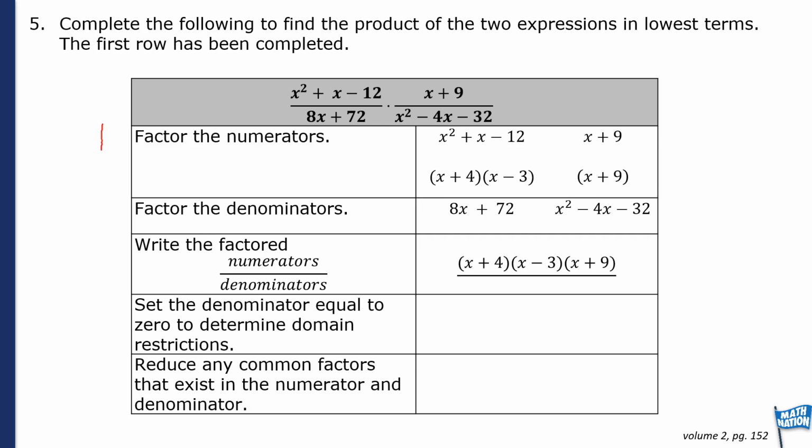Here's step 1. Factor your numerators. So start with the numerators. The one on the left, x squared plus x minus 12, and then the one on the right, x plus 9, and see what we can factor. So the x squared plus x minus 12 can be factored to x plus 4 times x minus 3.